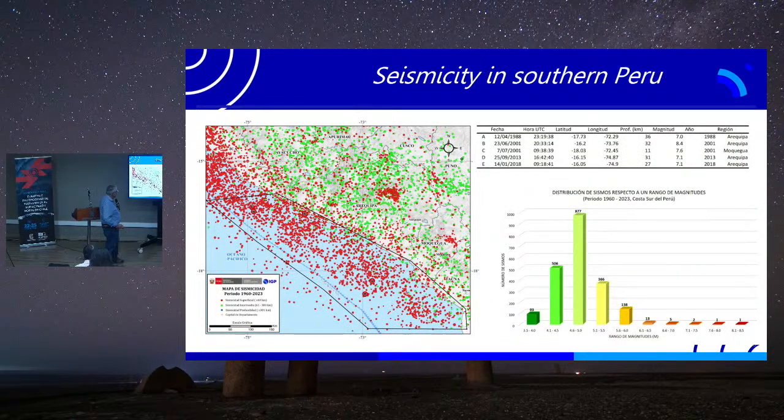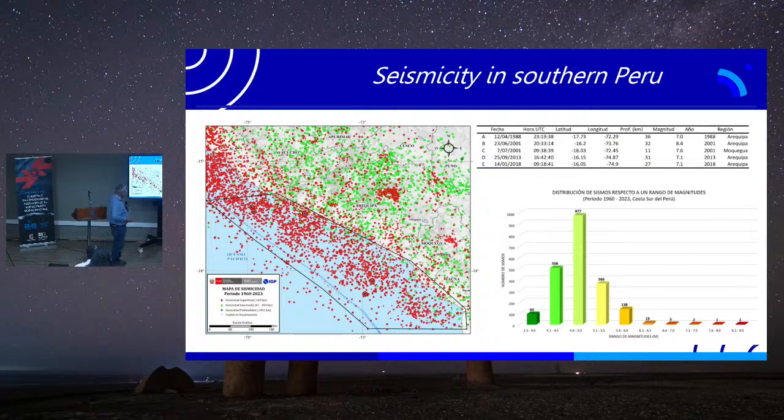And here we go with the seismicity in southern Peru. This seismicity that is plotted here is south of the Nazca Ridge towards the Peru-Chilean border. And the seismic activity, as we saw in the histograms, is mainly concentrated between magnitudes 4 and 5. As you will see, as a difference with Chile, we don't have very large earthquakes in Peru.